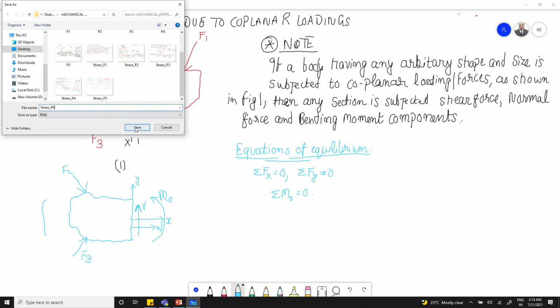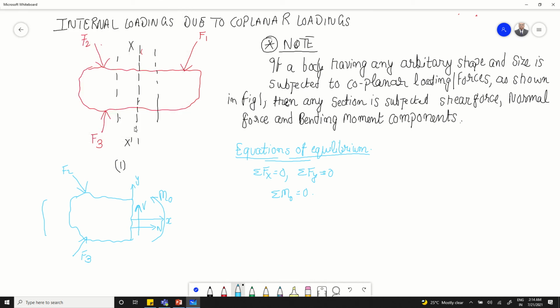Now, to illustrate this concept, let us take a quick example of how we can find out the resultant internal loading at any section of different types of beams. So we will be taking a very common example of a cantilever beam here.